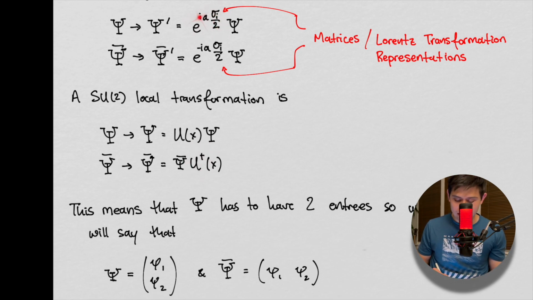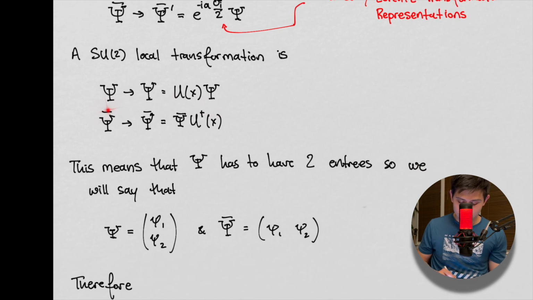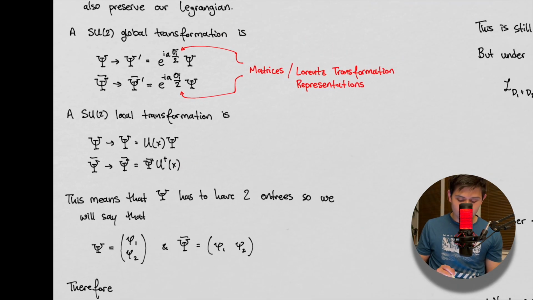The idea again is that these are also U transformations, they're just not dependent on x in the global case. We do the same thing for our conjugated field, where we have to complex conjugate our operator. So we have the global transformations and we have the local transformations.